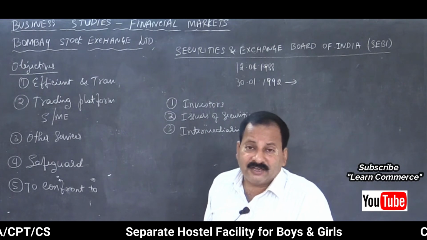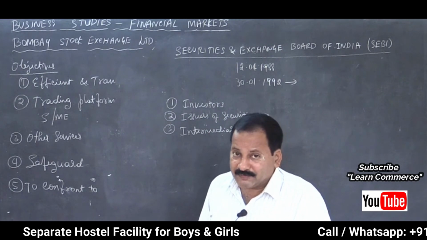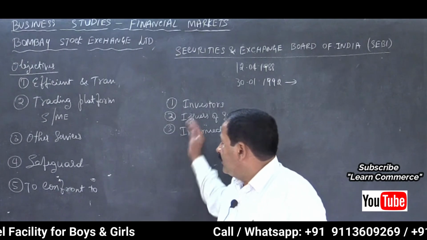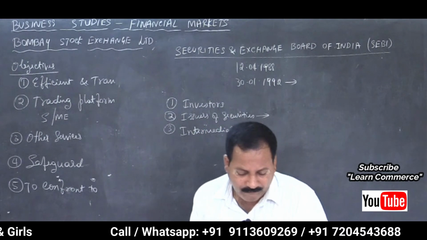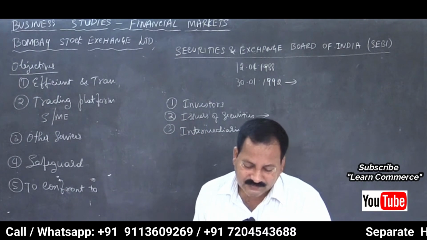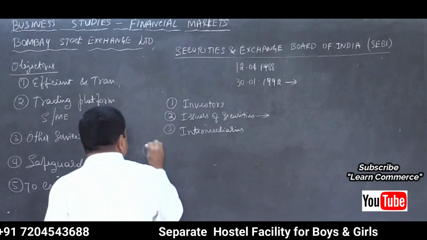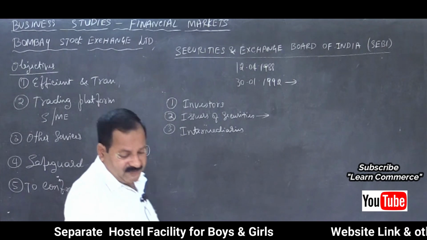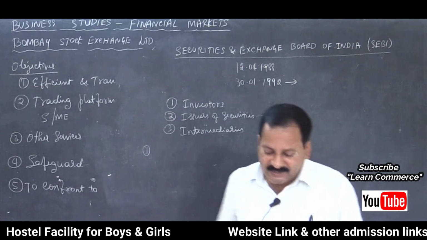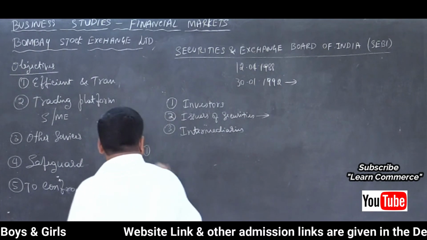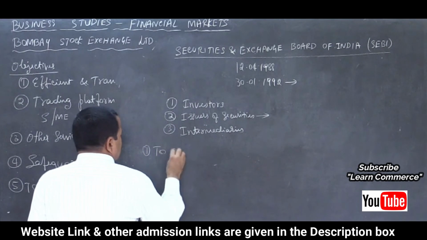Then the capital market should be developed. That is, healthy growth of the capital market is the main intention of the Securities and Exchange Board of India. So let us know the objectives of SEBI, Securities and Exchange Board of India. First one is to regulate the stock exchange, or to control the stock exchange.